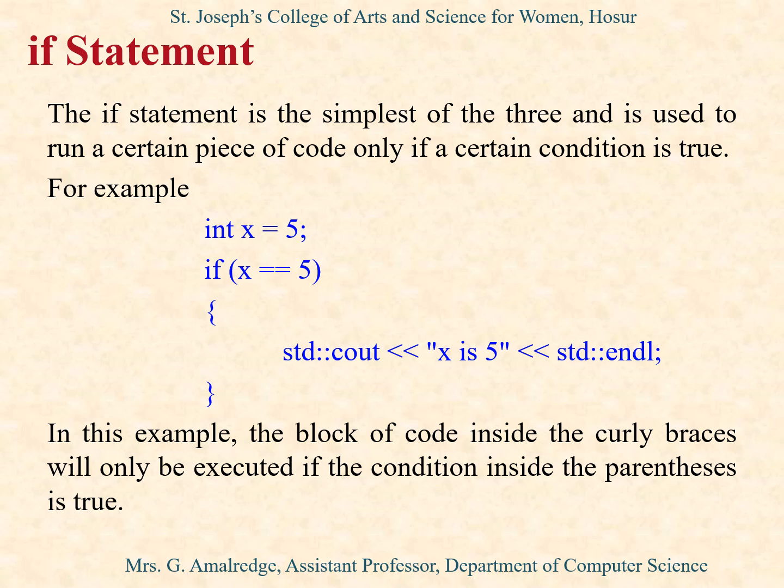And using if statement, we are checking whether the given value of x is 5 or not. If the condition is true, it automatically executes the list of codes inside the curly braces. That is, if the value of x is 5, then it displays the output as x is 5 in the console.